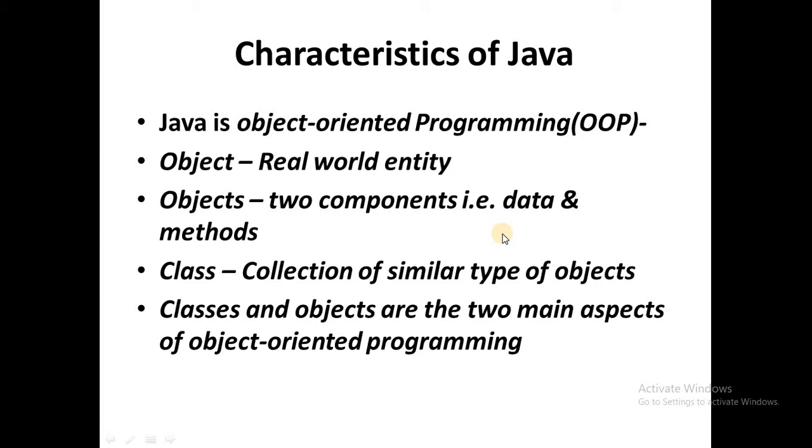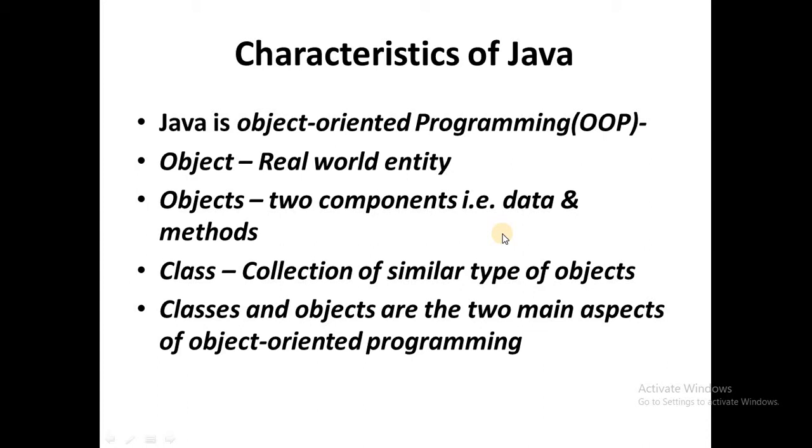Objects majorly consist of two components. It has two components. One is data and another one is methods. Data means features of the object. It means properties of an object. Methods means operations.